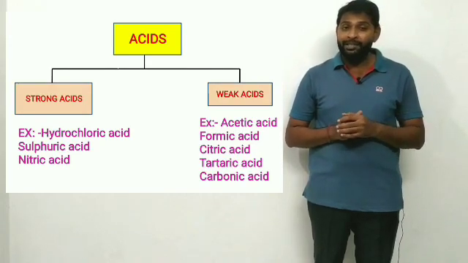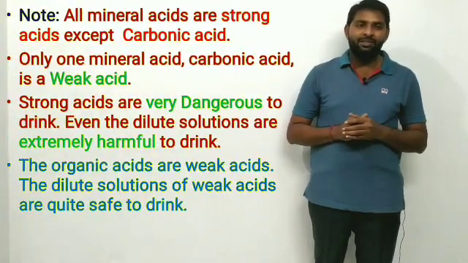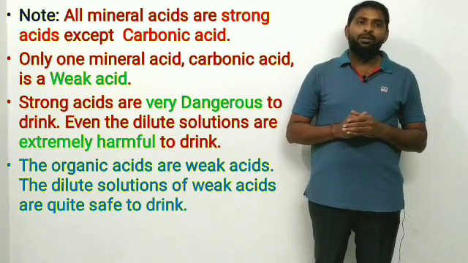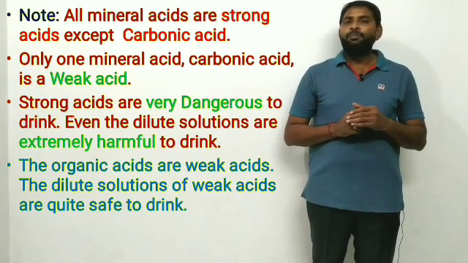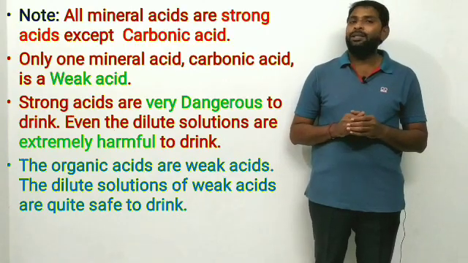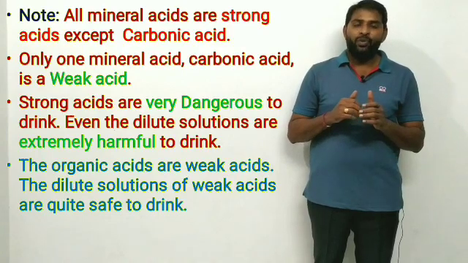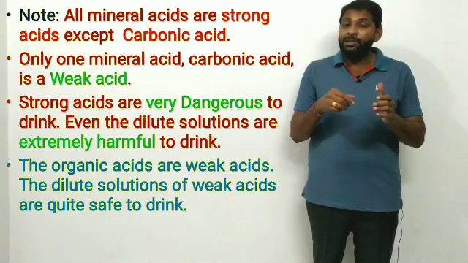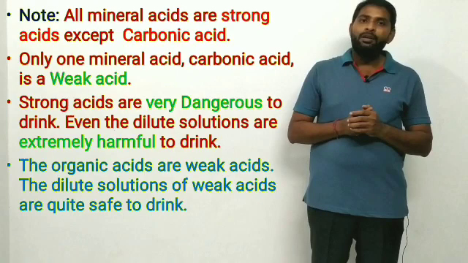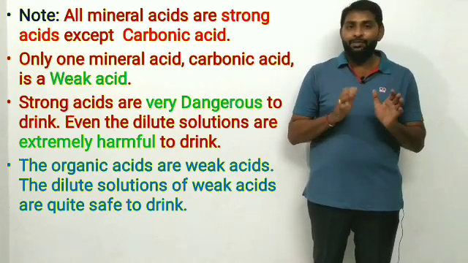Actually carbonic acid is a mineral acid, but except for carbonic acid, all mineral acids are strong acids, and mineral acids are very dangerous to drink. You can eat and drink substances containing naturally occurring acids, that is, organic acids, but not mineral acids.